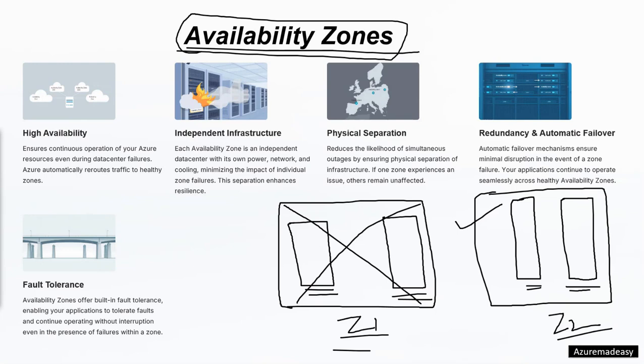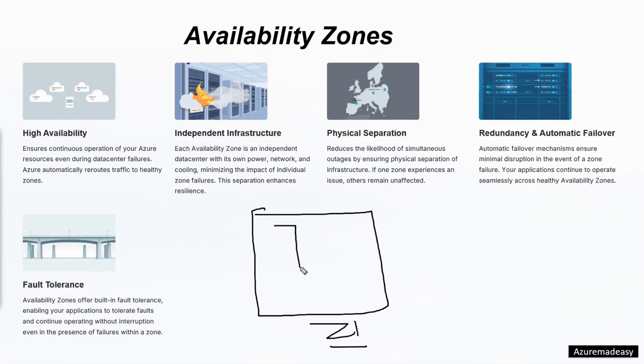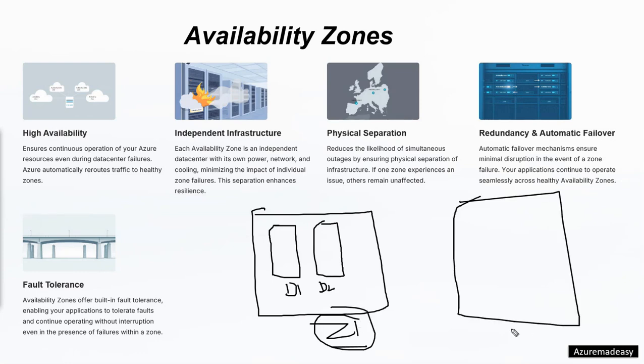Data center and availability zone are different. Please understand. Zone means we are grouping the data centers. Understand it like this: we have data center 1 and 2, we make them one zone. Then we have another two data centers, we make them another zone.